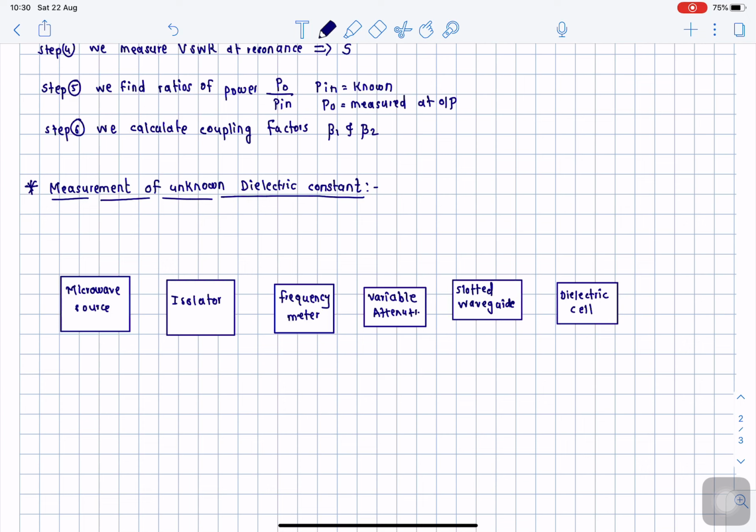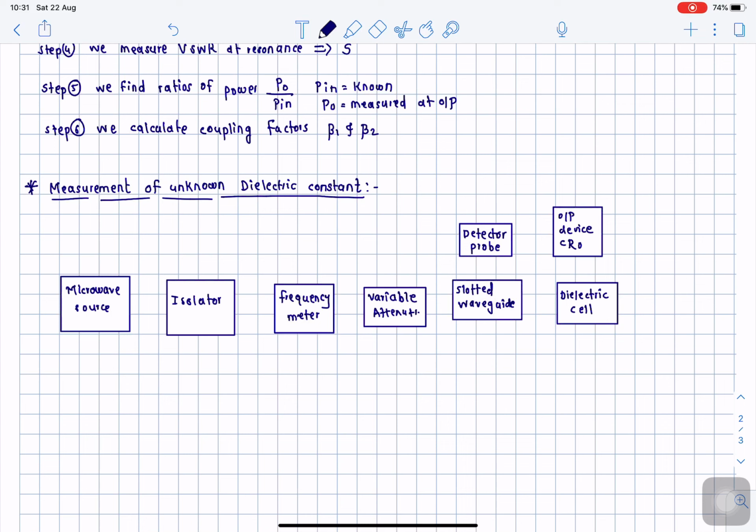Okay, and on the slotted waveguide section, we have the detector probe, and finally this detector probe we are going to connect to an output device, and for the output device we can either make use of a VSWR meter or CRO. So this is the output device, either CRO or VSWR meter.